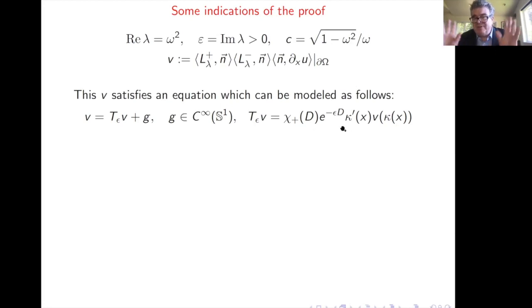Roughly speaking, its principal part is just a pullback by some diffeomorphism of the boundary K, and then you cut it off to positive frequencies.